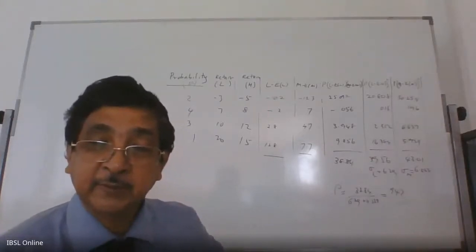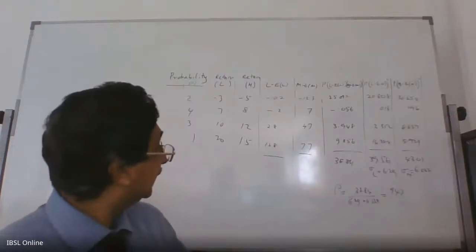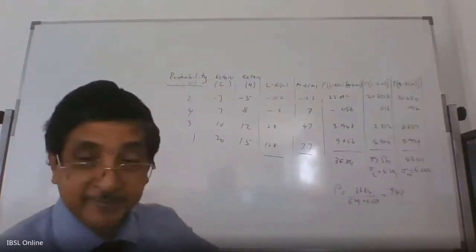That is correct. Then the covariance is 38.84. That is the correct answer.